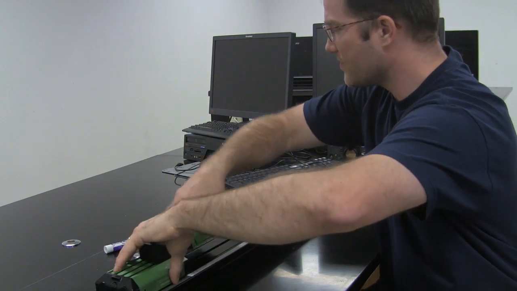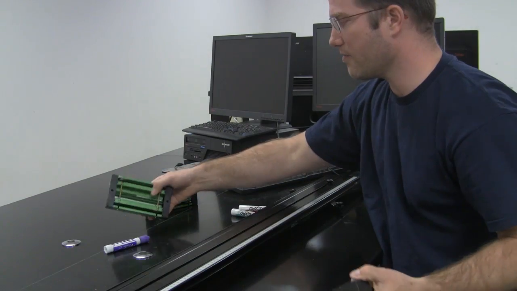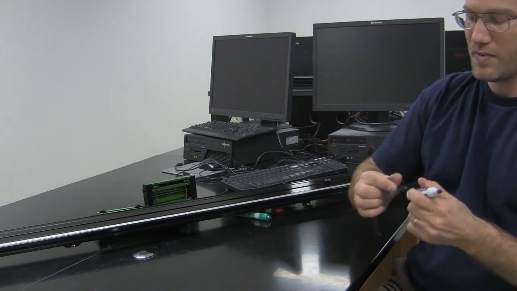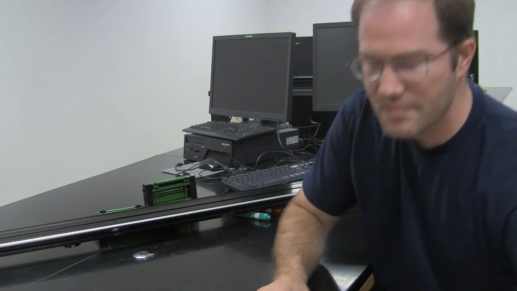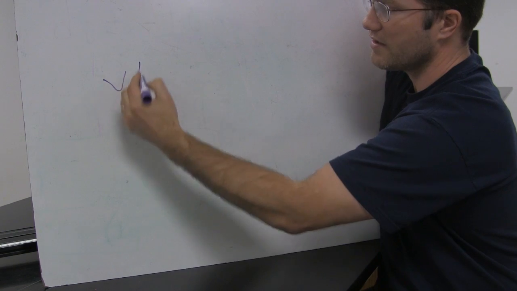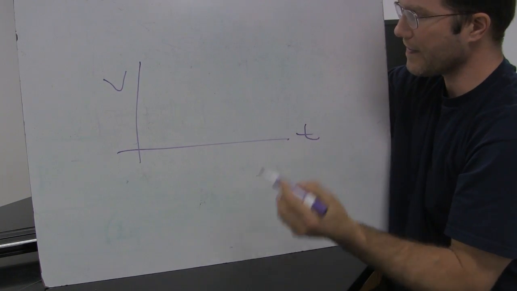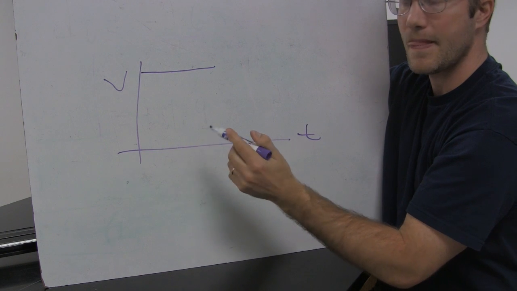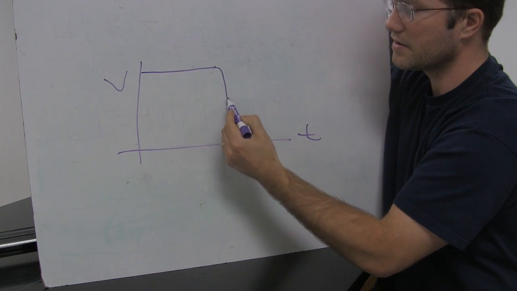So let's take a look at what we might predict the motion sensor would see when that happens. Let's imagine that we're making a graph of velocity versus time. So here's our velocity versus time graph. As that cart was moving down the track, pretty constant velocity, suddenly there's a collision.